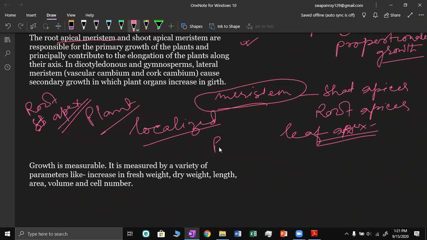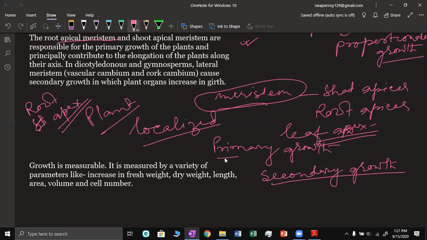One is called the primary growth, and another is secondary growth. Primary growth is that with the apical meristem.